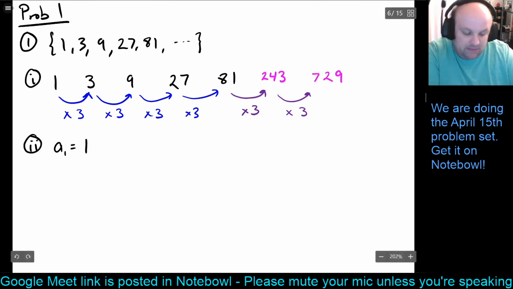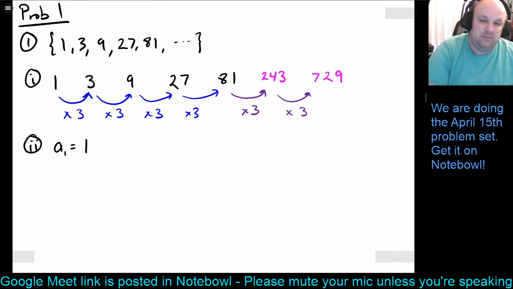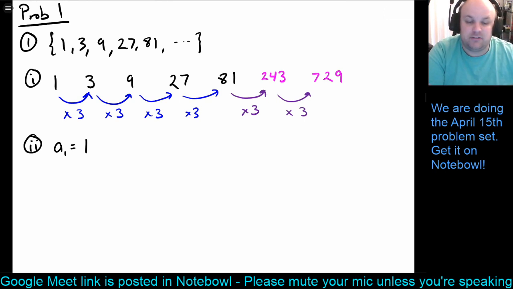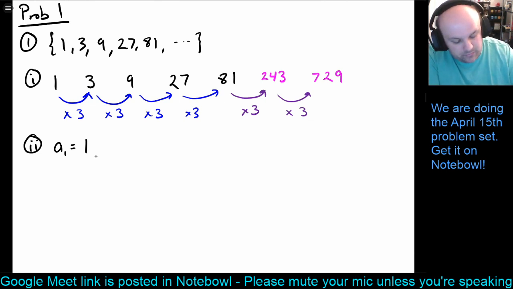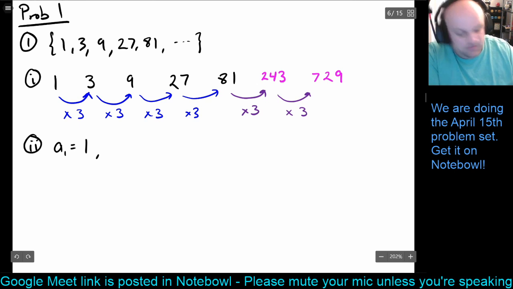So, A1 equals 1. You can start your sequence at A0. It's completely up to you, really. Normally you pick something convenient for the situation. If there's no reason to start at 0 or 1, personally I start at 1, but you can really start this at whatever index you want. So A1 is 1.